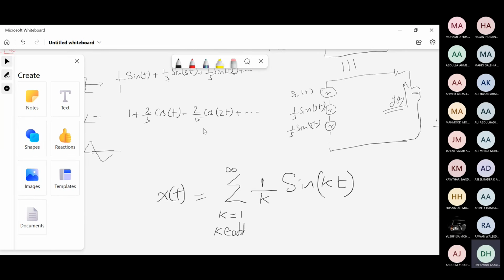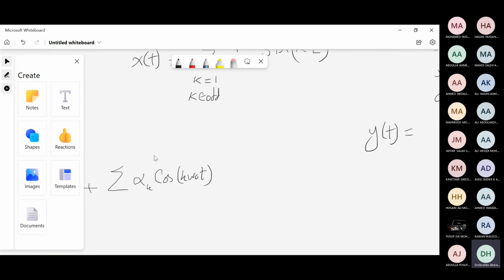We changed here 1, here 2, 3, here 1, 3, 5, and so on. So plus some constant beta k, and we could have sine terms, k omega naught t, k from 1 to infinity.